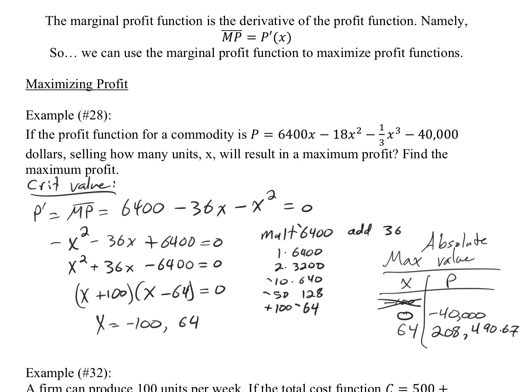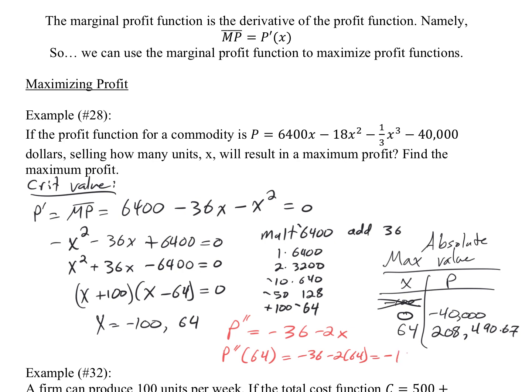I am a big fan of the second derivative test when you can compute a second derivative. So let's compute p double prime. That would be equal to, let's see, negative 36 minus 2x. And let's then compute p double prime of 64. You get negative 36 minus 2 times 64, and it's clearly a negative number.